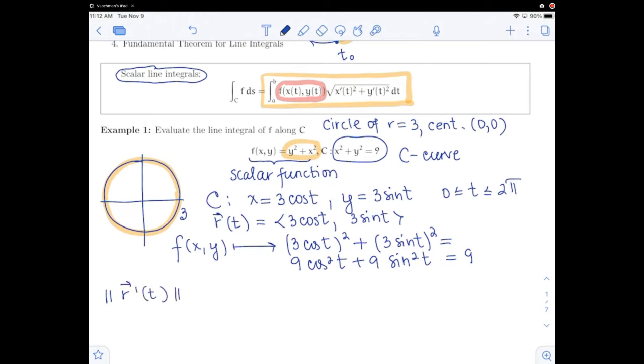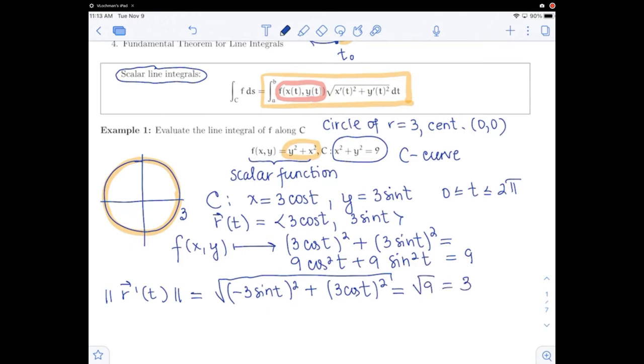That's just by definition. Okay, so what is r prime in this case? That's going to be the square root of negative 3 sine t squared plus positive 3 cosine t squared. Okay, so that turns out to be square root of 9, which is 3.